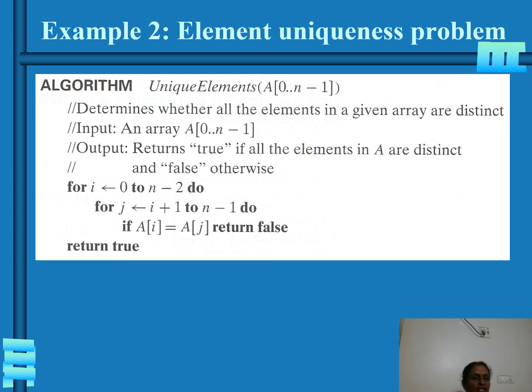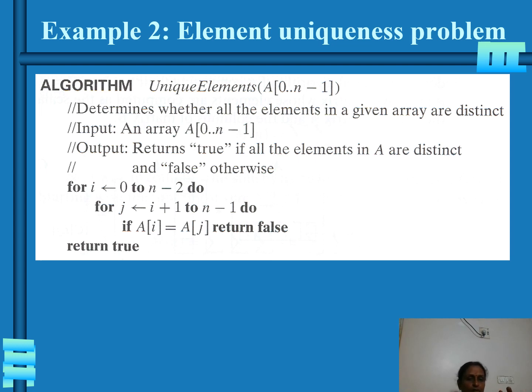If A of i is equal to A of j, at that moment itself you can come out of the loop and the algorithm terminates. You return false, which means the array contains duplicate elements. If not, you check with the next element and so on. If you have checked all the elements of the array, finally you return true, which means the array doesn't contain any duplicate elements. All the elements are distinct.